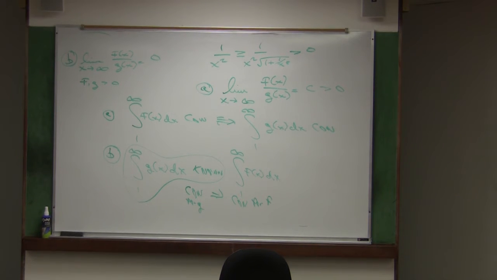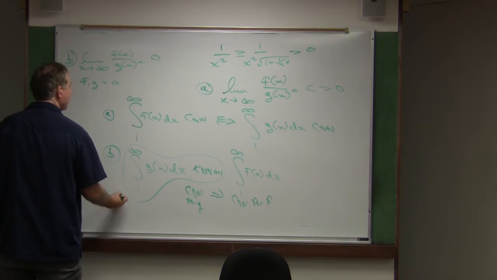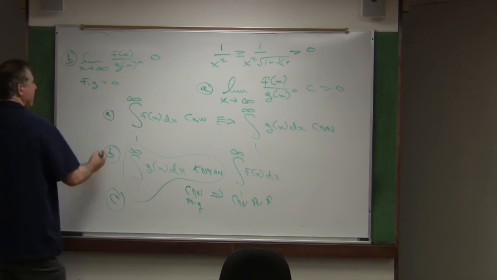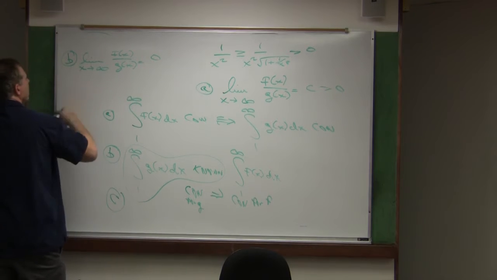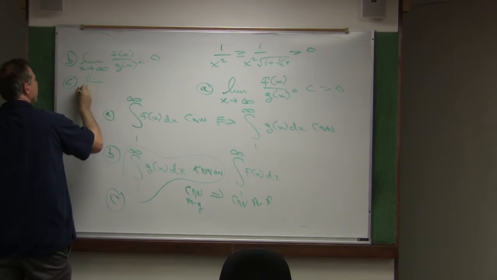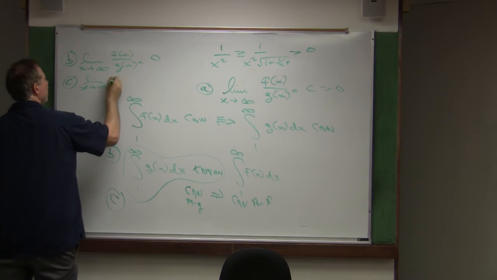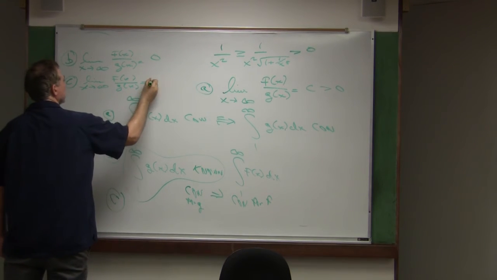And then part C would be what happens if this is infinity? Then what do you know? f of x is a lot bigger.